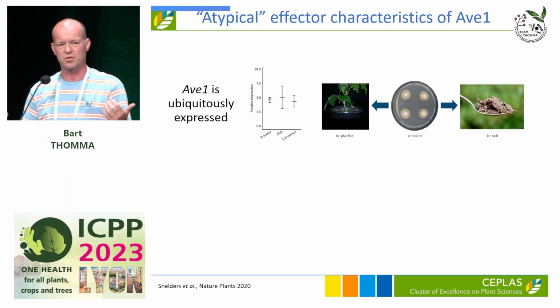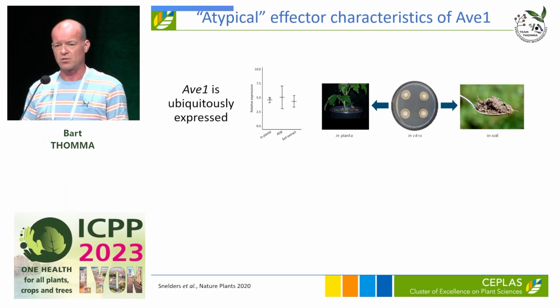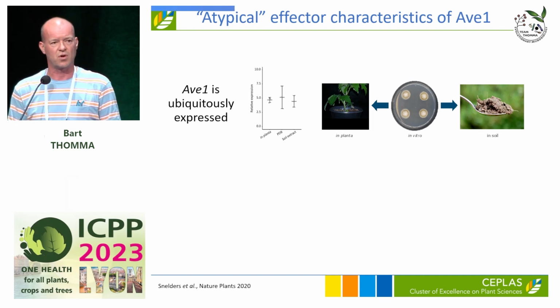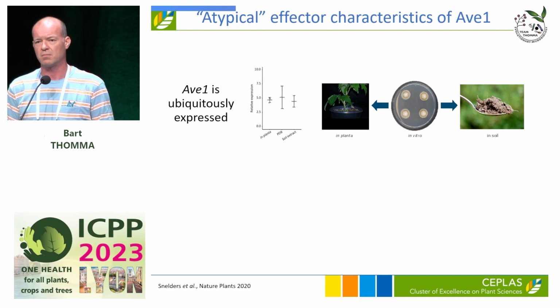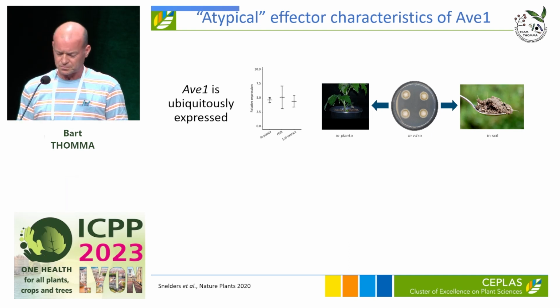It's always produced. Yes, it's produced in the plant, where it's recognized, but it's also produced in vitro. In vitro is not so relevant for the biology of Verticillium, but if we grow Verticillium in soil or in soil extracts, we also see expression.